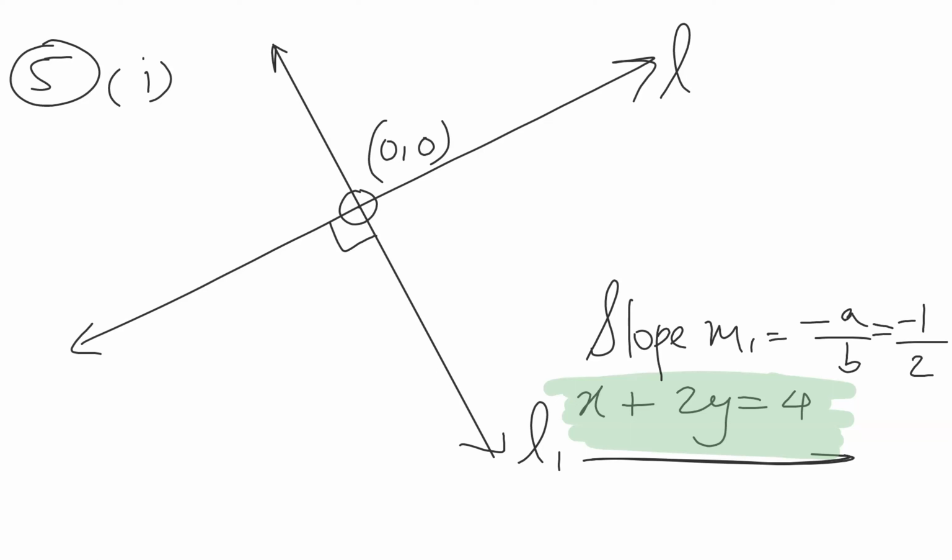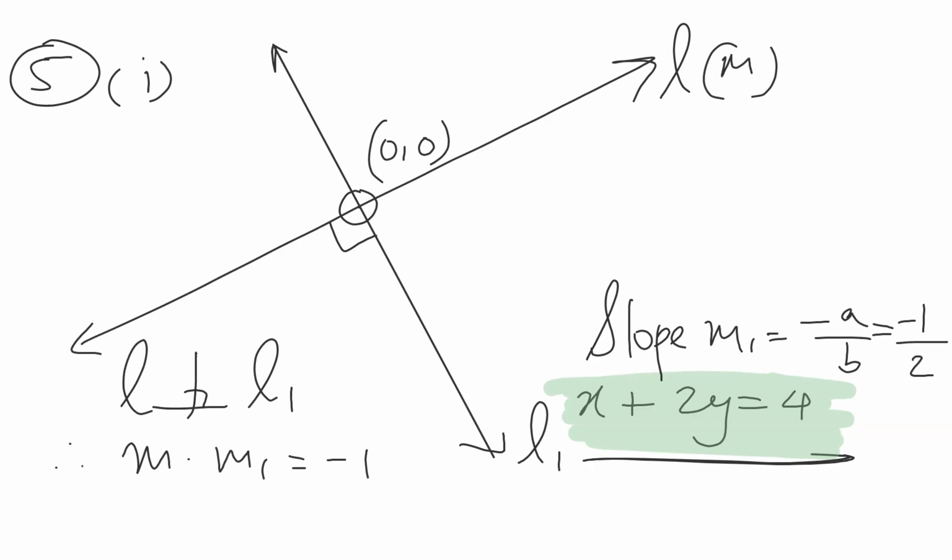Next step, L is perpendicular to L1. Therefore, L has slope m and L1 has slope m1. So m into m1 is equal to minus 1. Since L is perpendicular to L1, m into m1 is equal to minus 1. For perpendicular lines, the product of the slopes is always equal to minus 1.